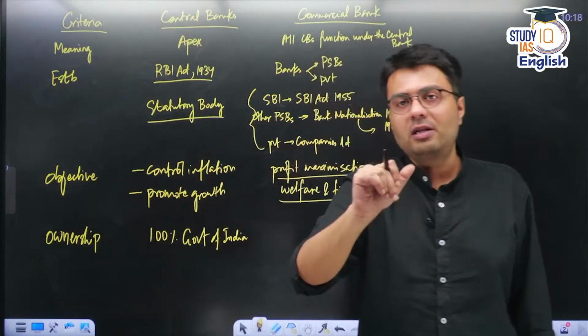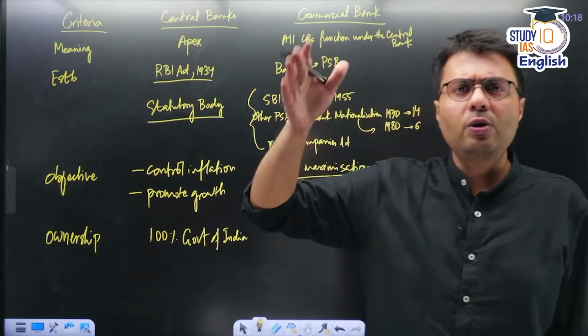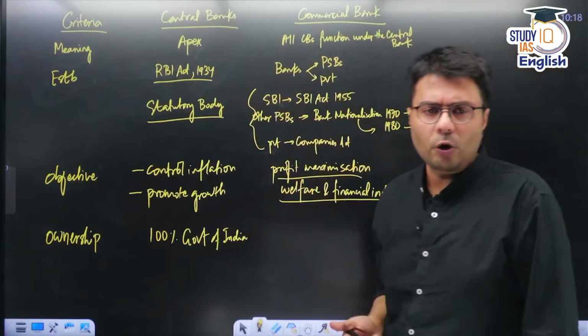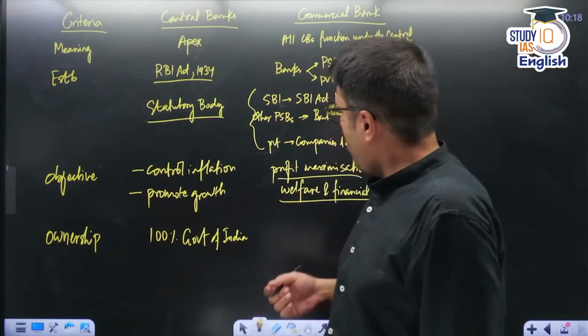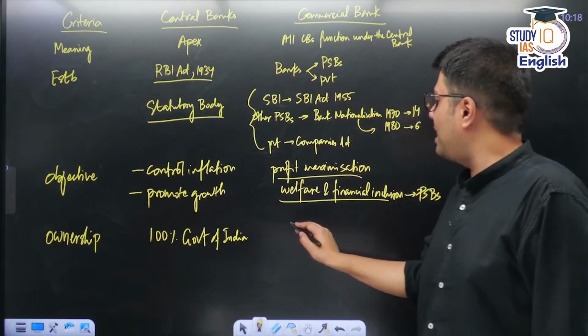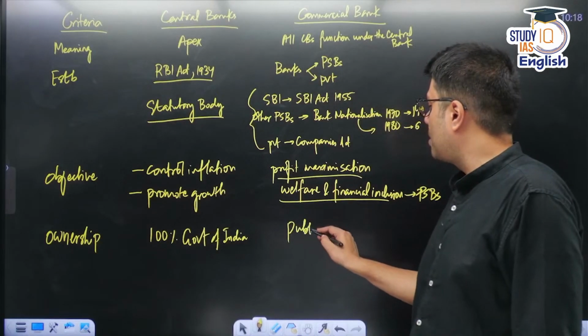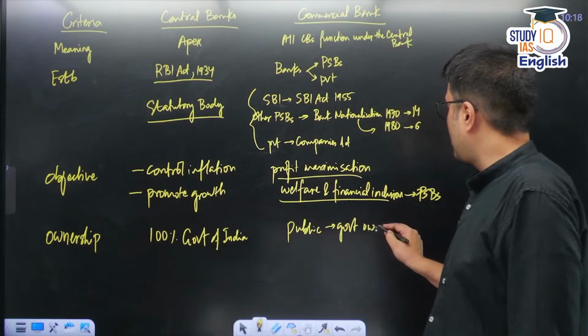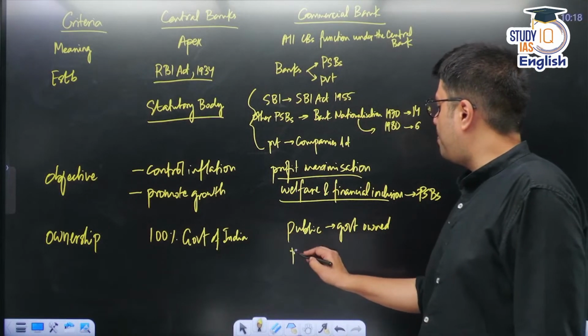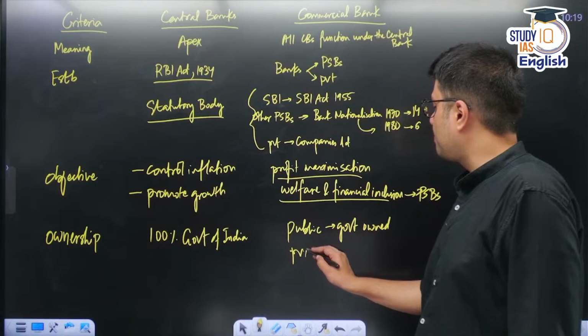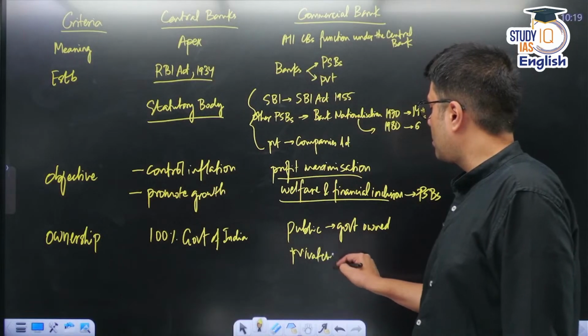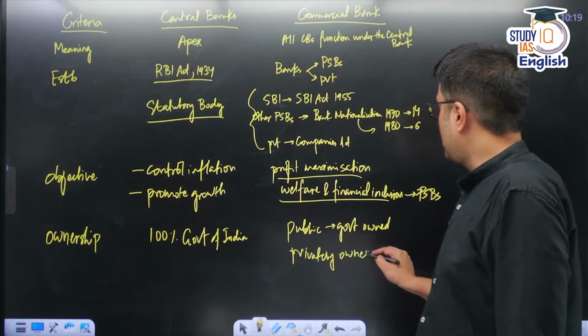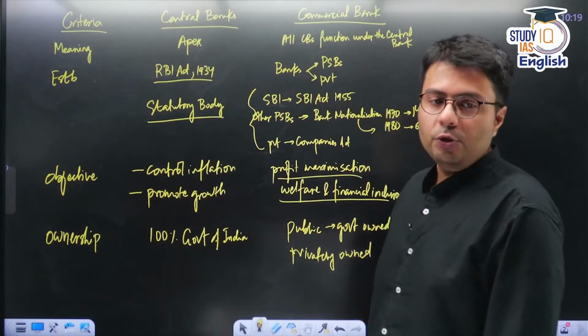How that portion is decided is a separate issue known as the economic capital framework. We'll cover it later on. Now, ownership of commercial banks can either be public, that is government owned, or it can be privately owned, right? So this is another difference between the two.